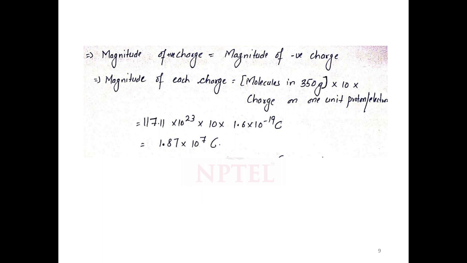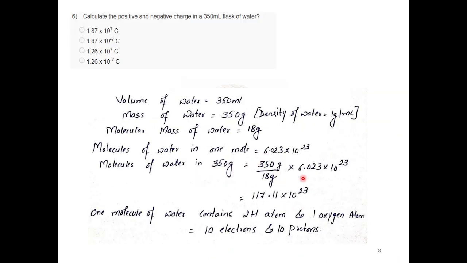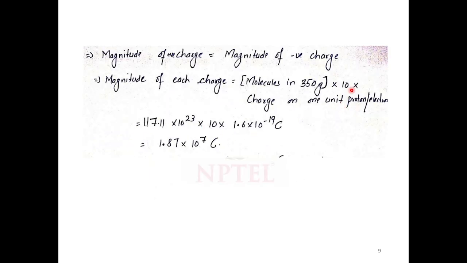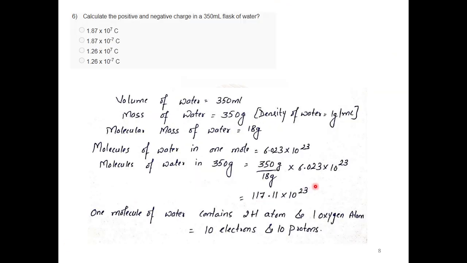So the magnitude of positive charge equals the magnitude of negative charge, and the magnitude of each charge equals the number of molecules in 350 gram times 10. You already calculated the molecules from this formula, around 117.11 into 10 to the power 23, and you multiply that value by 10, because 10 is the number of protons, and by the charge of each proton or electron.